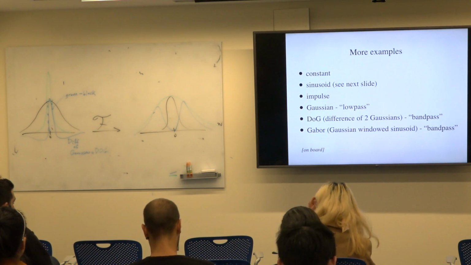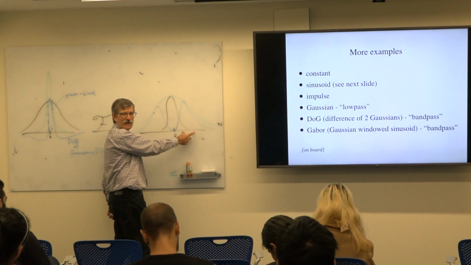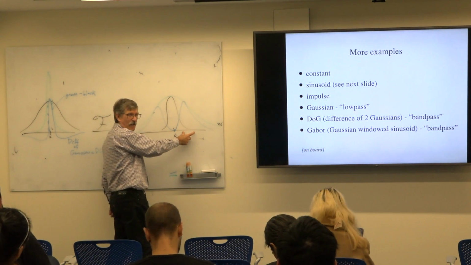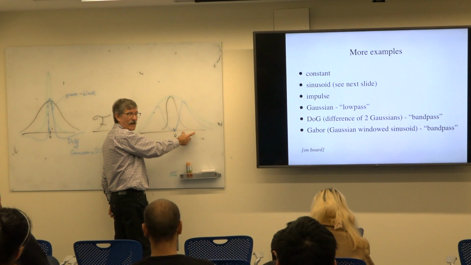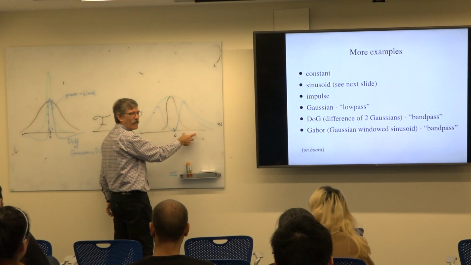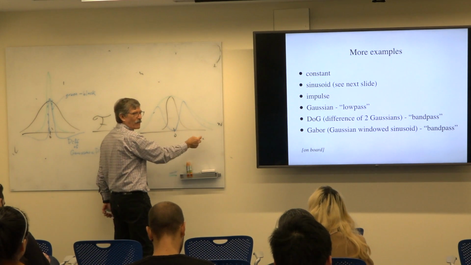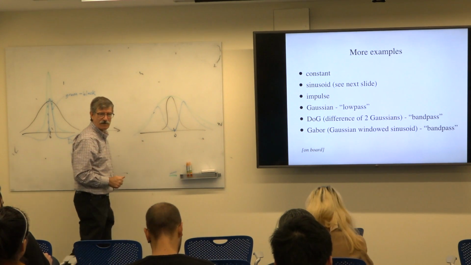It is bandpass. Doesn't like low frequencies, doesn't like high frequencies, likes a middle range of frequencies. So it is a bandpass filter. Its Fourier spectrum as a thing is bandpass, meaning its Fourier spectrum is concentrated in a band of frequencies with lower content at lower frequencies and less content at higher frequencies.